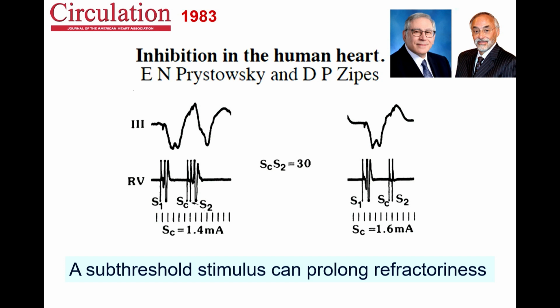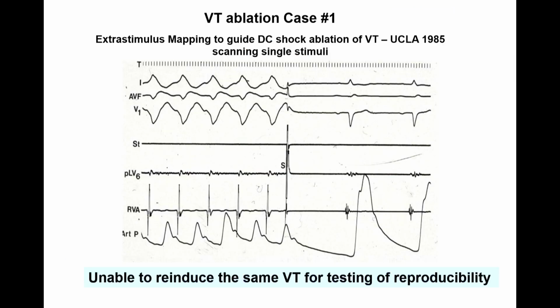There was a paper published by Doug Zipes and Eric Prostowski, in which they raised the possibility that with catheters, you could exploit this phenomenon called inhibition, that if you put in a stimulus during the refractory period, it could extend refractoriness. And we thought, maybe we could use this to identify critical sites in reentry circuits. So in our first DC shock catheter ablation patient, we attempted to do that.